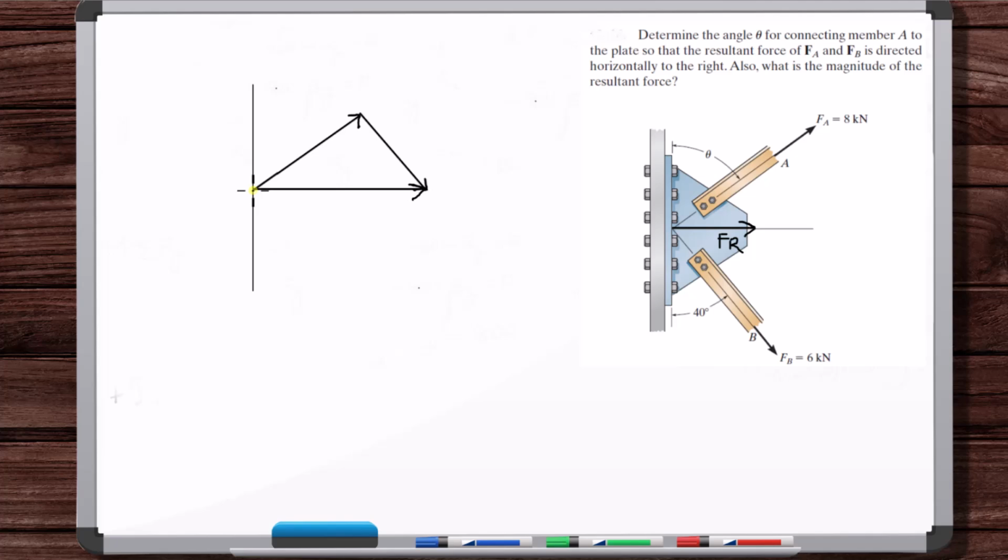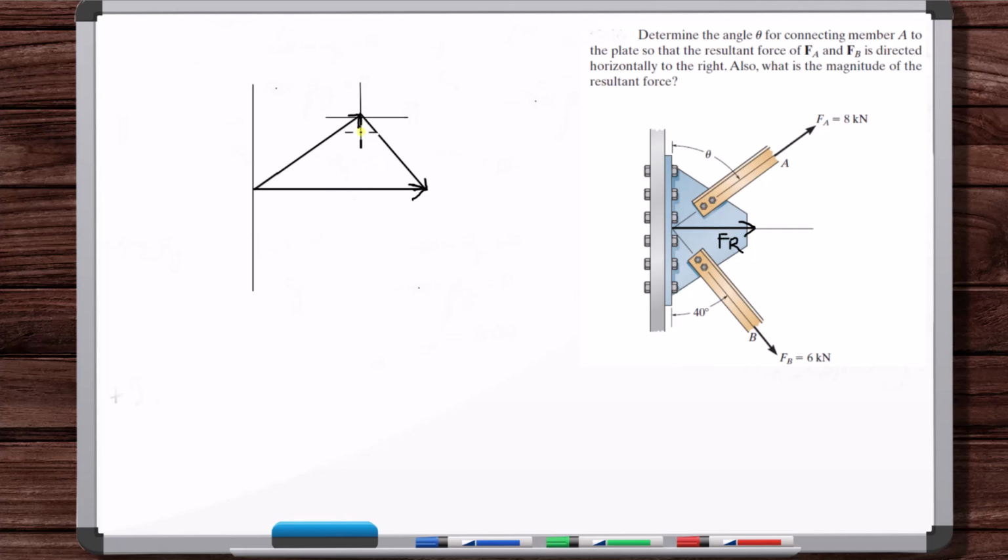You see, because this is FA, FB. This is the triangle method for summing vectors. So this is the resultant of FA and FB. But now let's take FB and bring it back here because it'll be easier to solve for this angle. Well, we don't have to do that. Let's leave it like this because we're just solving for this angle here. We don't want to lose this angle, so let's draw a horizontal and vertical axis here.